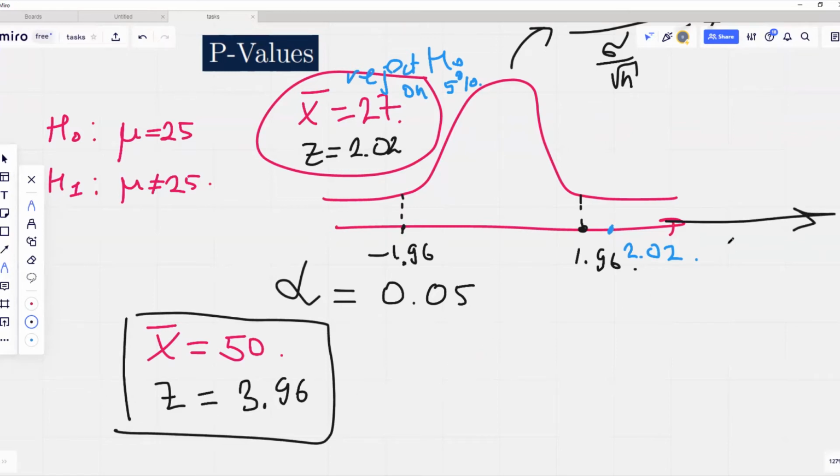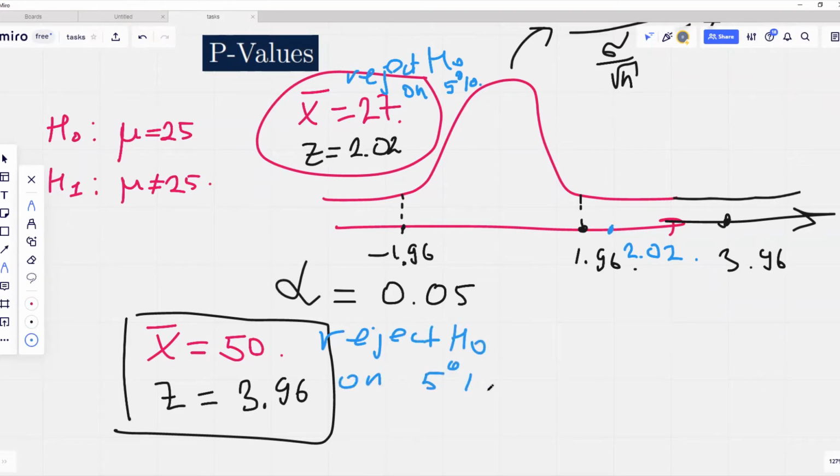So 3.96 is far to the right from our critical value and from the test statistic in the previous sample. So our result in this test for this sample is also reject H naught at the 5% significance level.